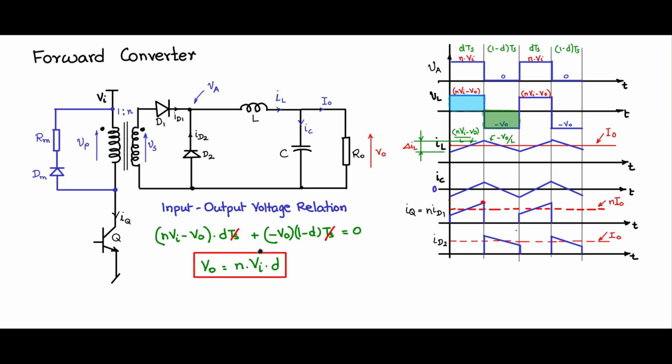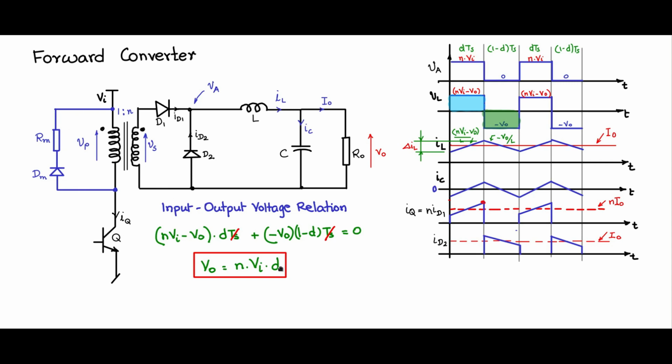In a typical buck converter, the output V0 is always less than Vi. But here, even though D varies from 0 to less than 1, the duty cycle cannot go more than 50%, because if the transistor is on for 50%, an equivalent amount of time is needed for the core to reset.